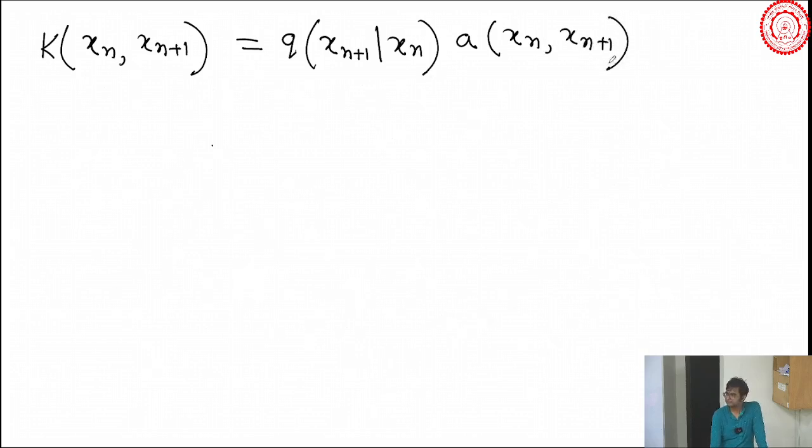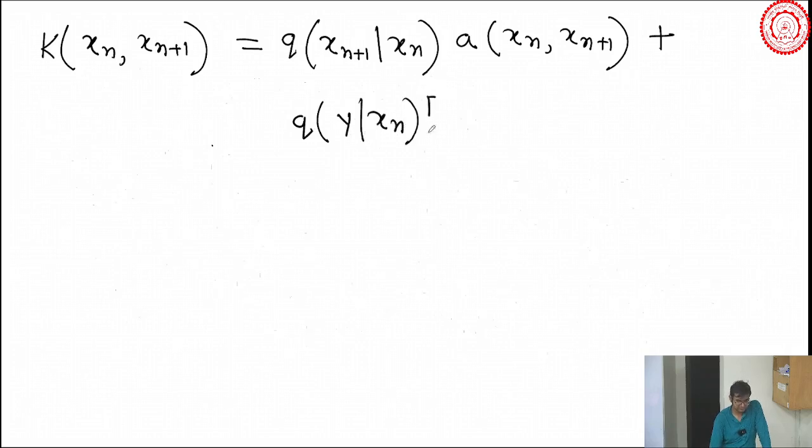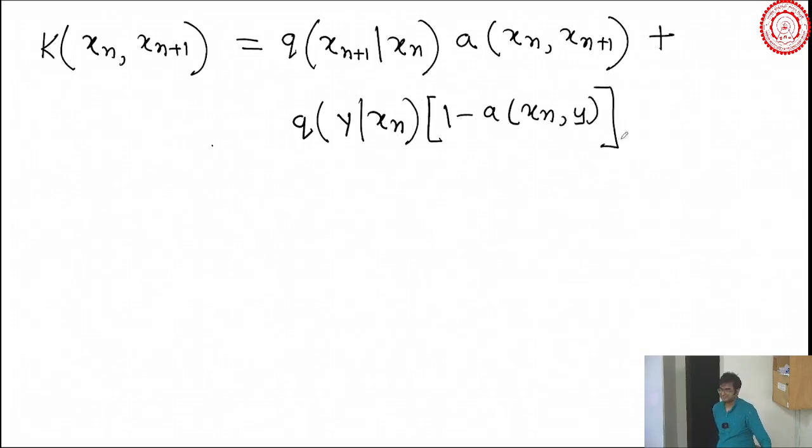So this is the acceptance case. What will be the rejection case? Someone tell me. q of y given xn multiplied by 1 minus a of xn comma y. This is incomplete. I am missing something. Tell me what.